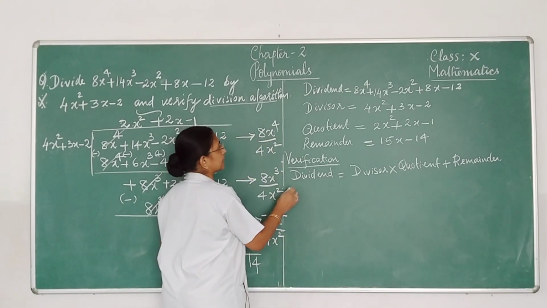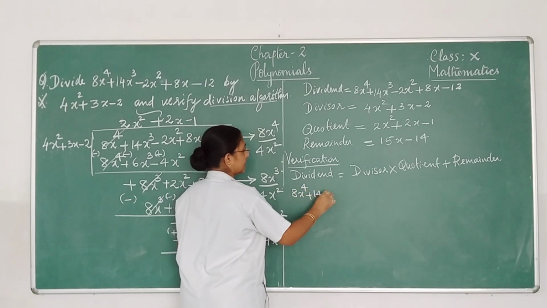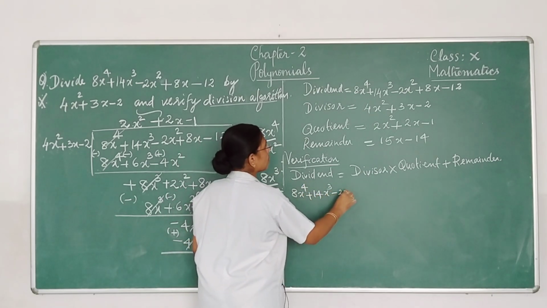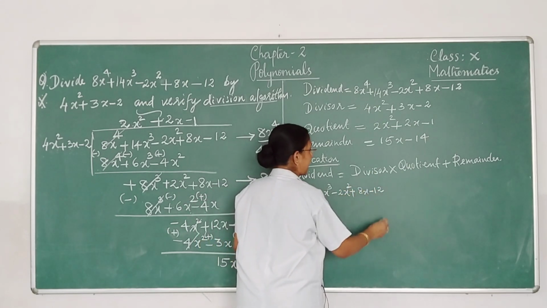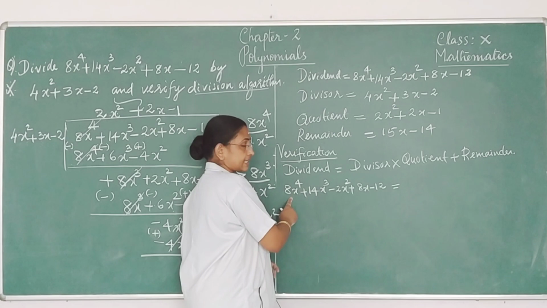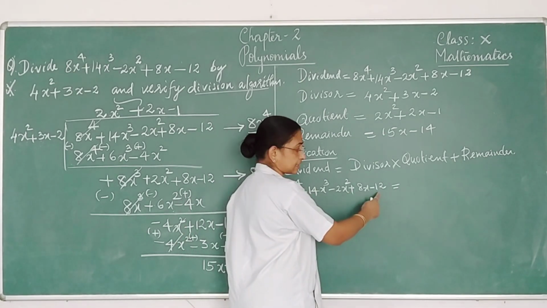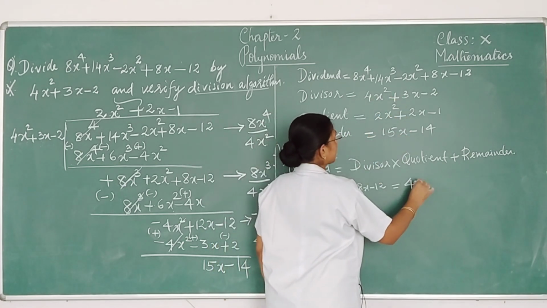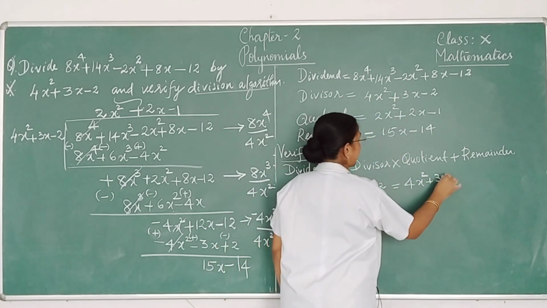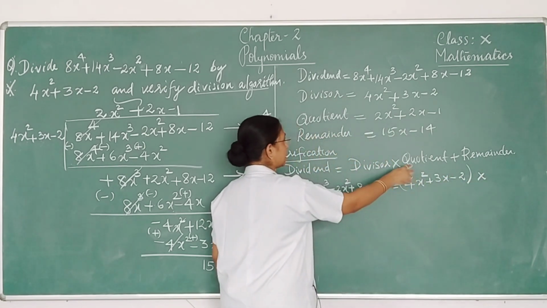What is the dividend here? 8x raised to 4 plus 14x cube minus 2x square plus 8x minus 2. That should be equal to, dividend is 8x raised to 4 plus 14x cube minus 2x square plus 8x minus 2 equals. What is the divisor? Divisor is 4x square plus 3x minus 2 into, what is the quotient?